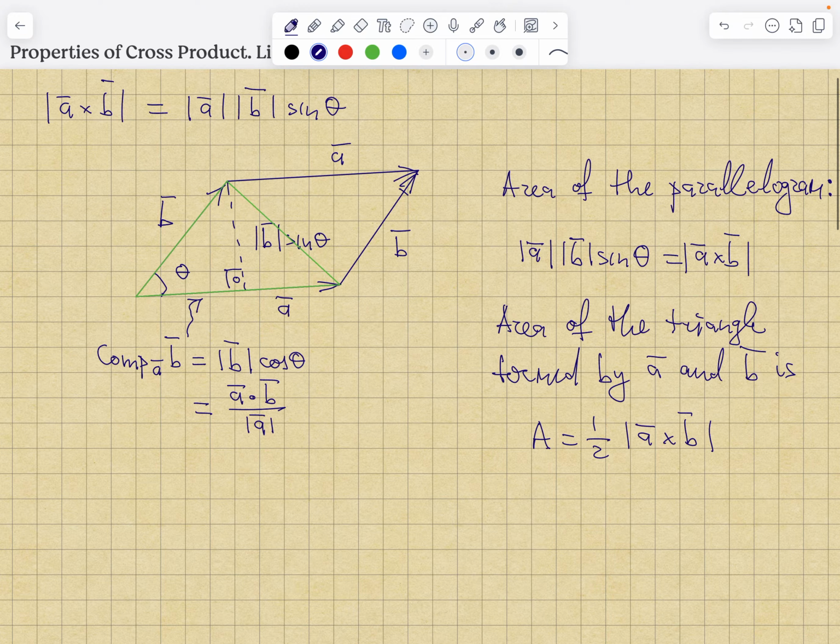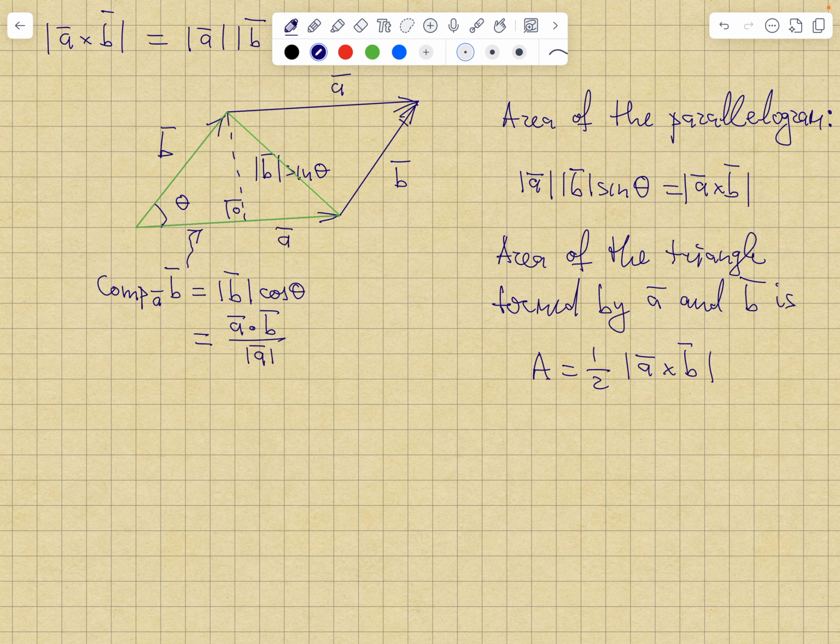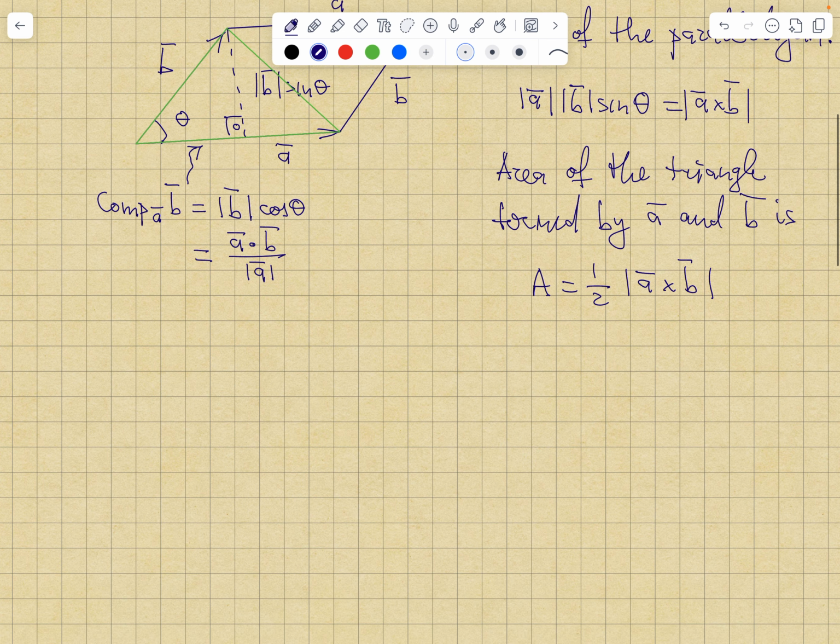So now, if we do want to find the area of a triangle, we know what to do. So let's do an example.